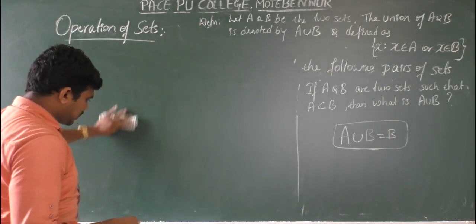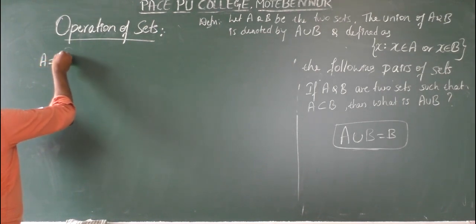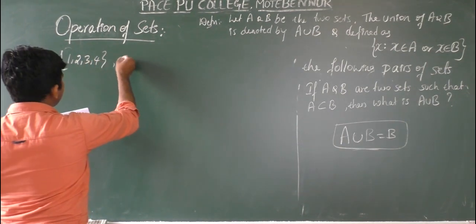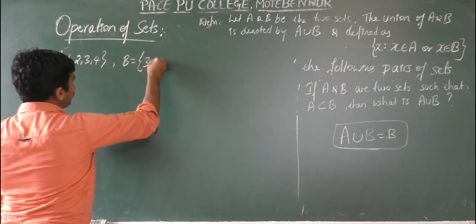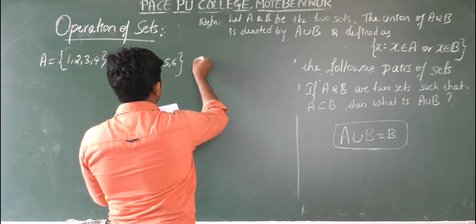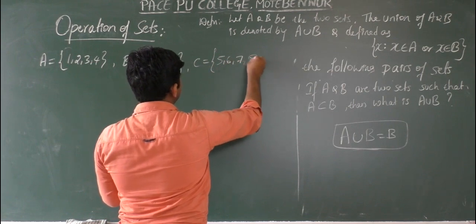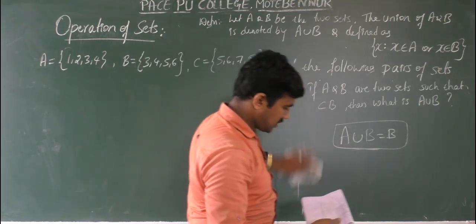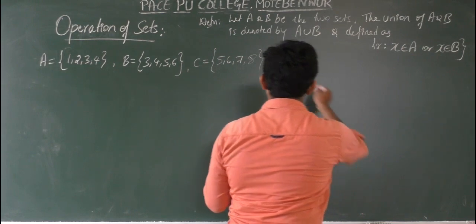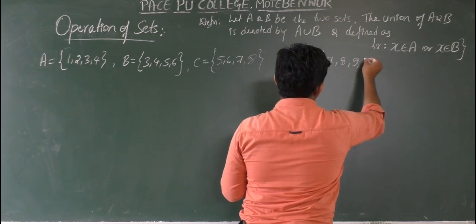Now next question. The set A is equal to the set of all 1, 2, 3, 4, B is equal to 3, 4, 5, 6, and C is equal to the set of all 5, 6, 7, 8, and D is equal to the set of all 7, 8, 9, 10.